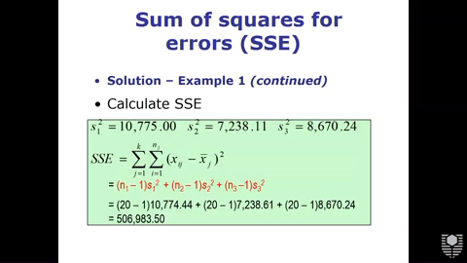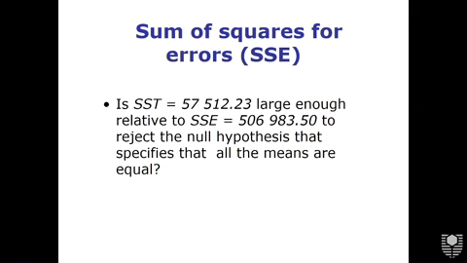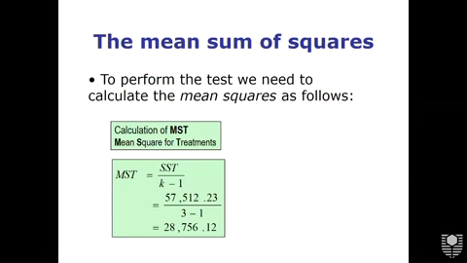In the final exam, you have one question from this module, 16 marks. Given the SST value, we have enough to reject the null hypothesis that all means are equal. I will show you how to calculate whether they are equal or unequal.